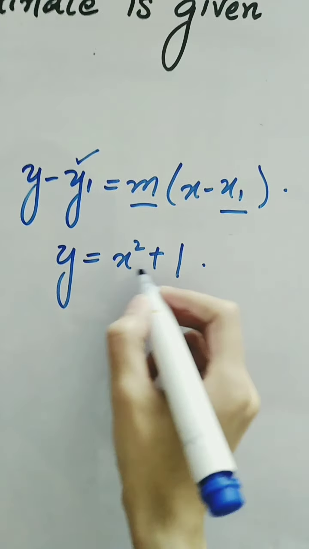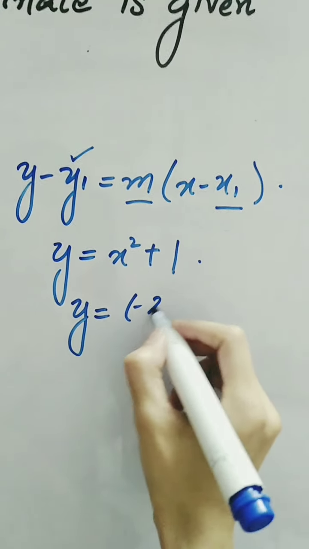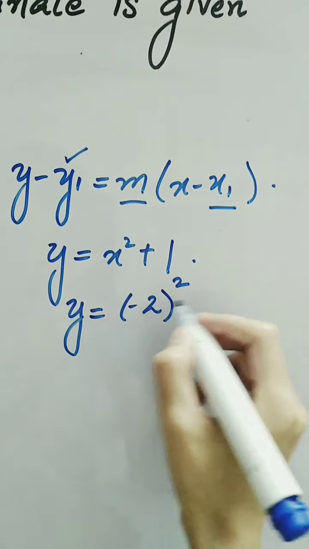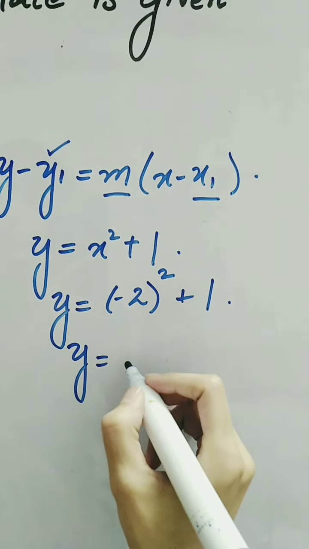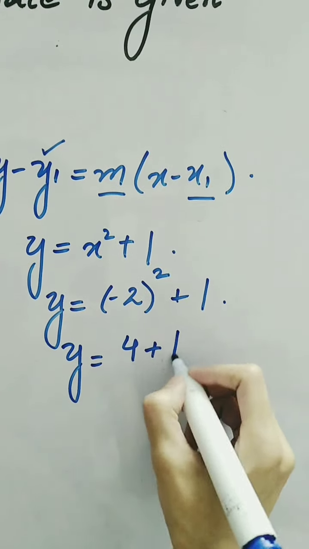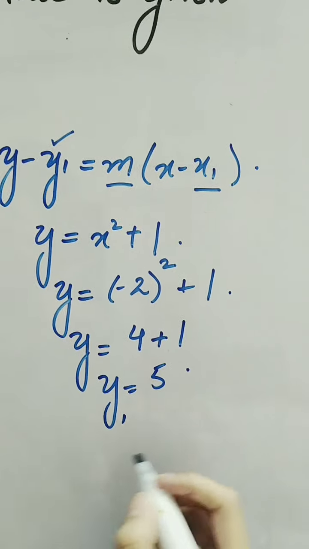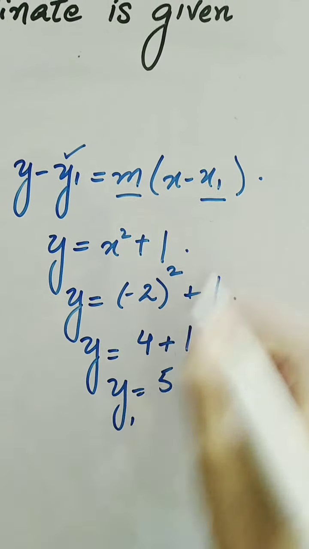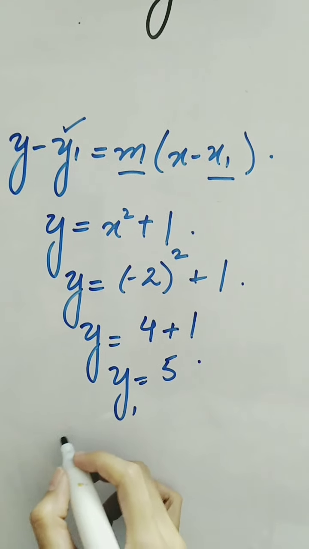We have the equation y equals x squared plus 1. With the help of this equation, we can find the value of y by putting the value of x in this equation. As we know that this is 4, as minus becomes plus, so y comes out as 5.